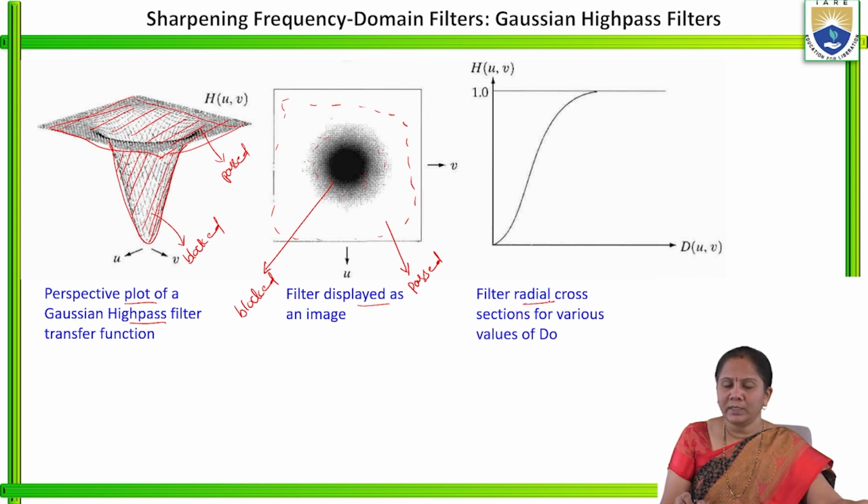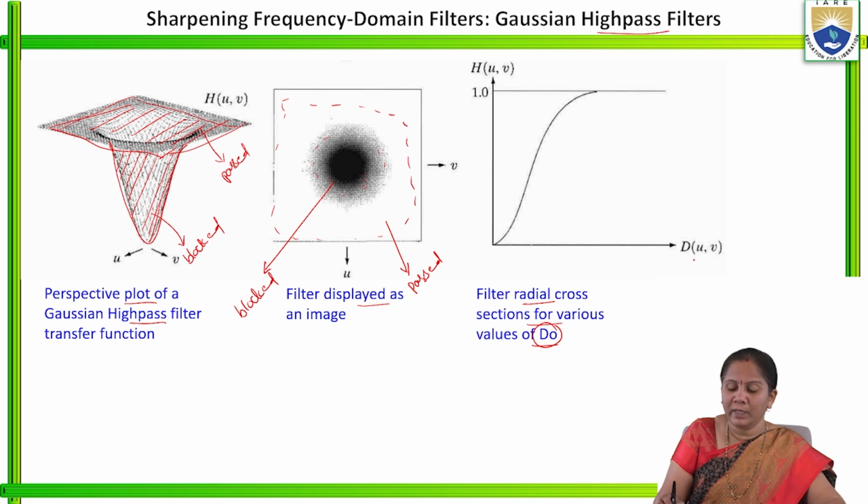And this is the filter radial cross section for various values of D naught. As we discussed, the Butterworth high pass filter depends on the order of the filter n. In the same way, the Gaussian high pass filter transfer function will depend on the value of D naught. We are going to change the D naught value like 10, 20, 30, and based on the value of D naught, we get the values in the transfer function.